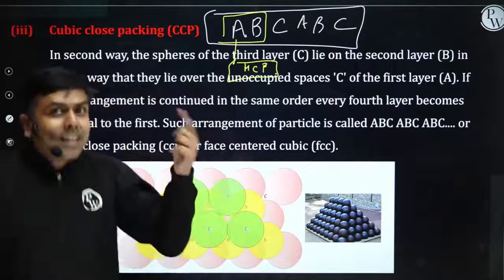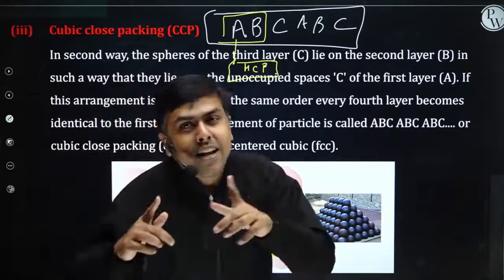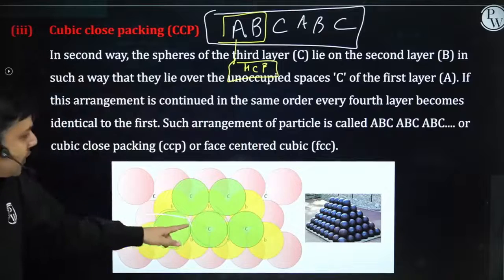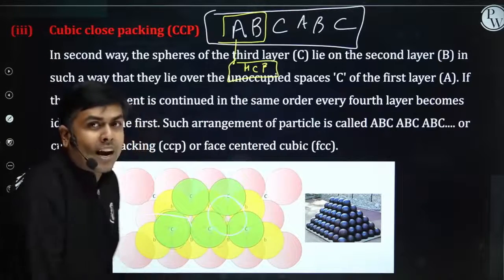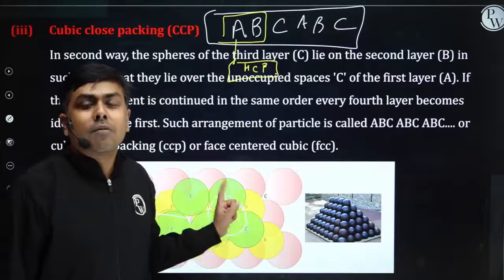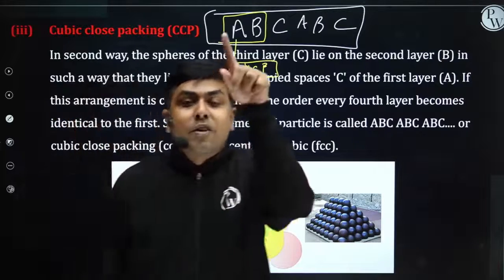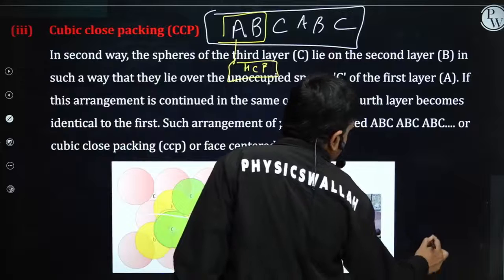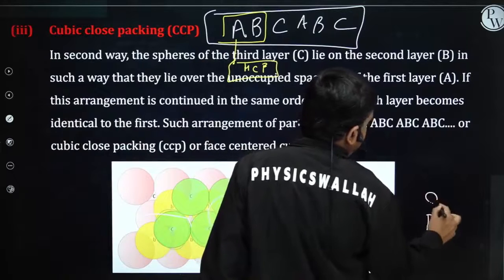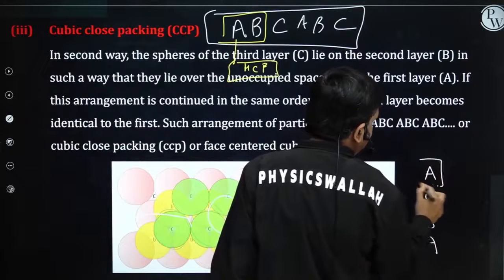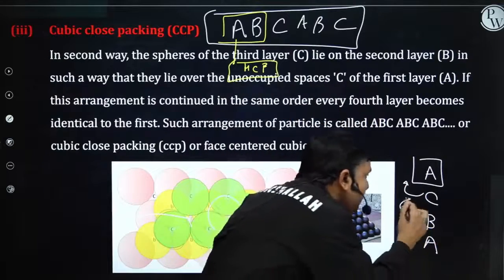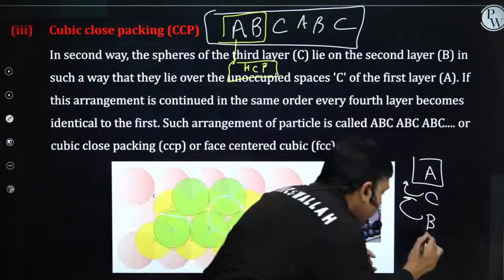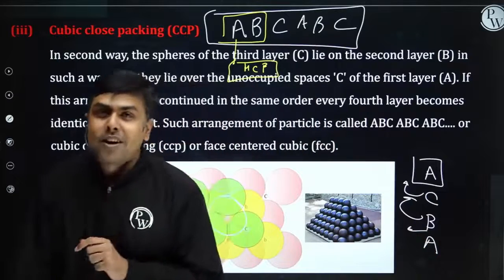Now, the fourth layer is placed on the third layer once again to cover the octahedral voids. As soon as we cover the octahedral void once again, the first layer and the fourth layer will match. So I will have A, B, C, A. Here we are covering the octahedral void, and here also we are covering octahedral void, whereas there we are covering lower triangular void.